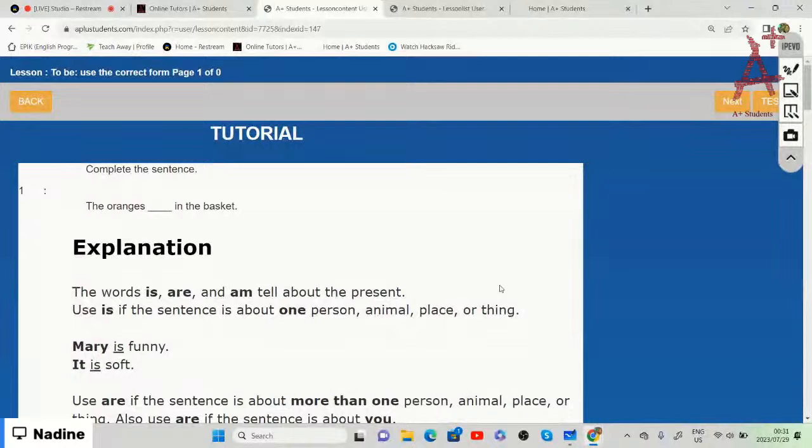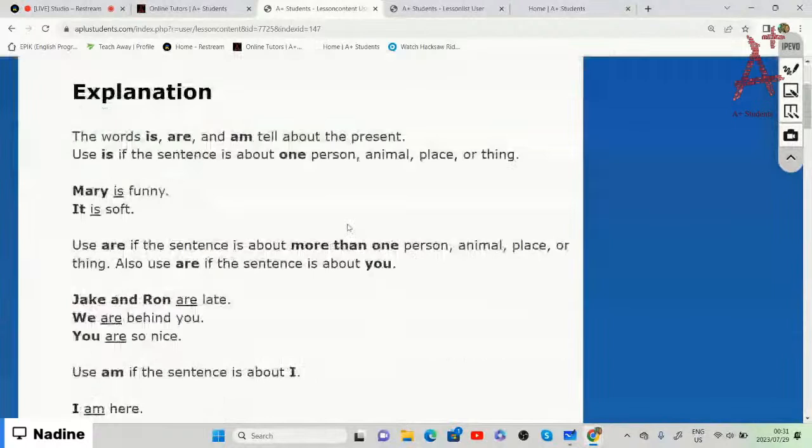All right. So here they say, sorry for going pause. The words is, are, and am tell us about the present, right? And we need to use the word is if the sentence is about one person, animal, place, or thing. Then we also have are, and we use the word are in the sentence if it is about more than one person, animal, place, or thing. We can also use are if the sentence is about you.